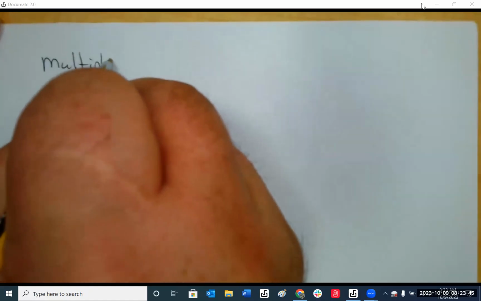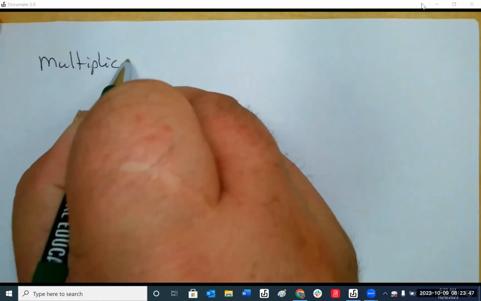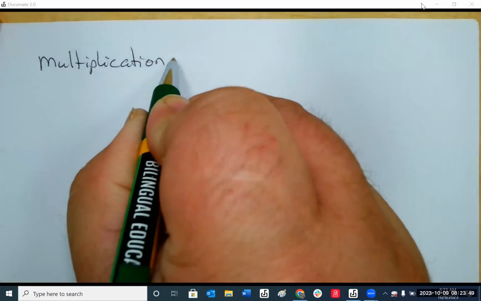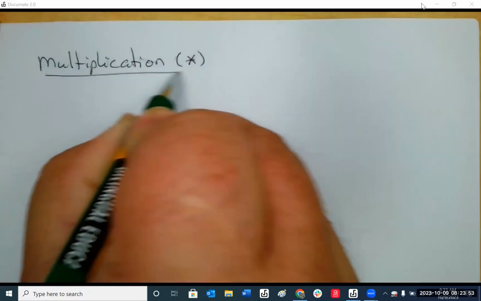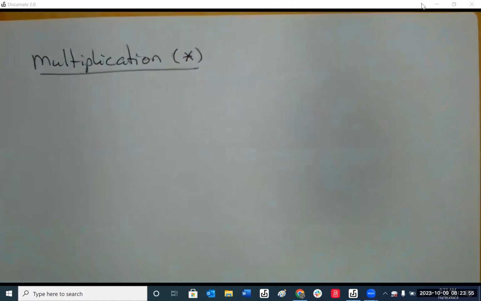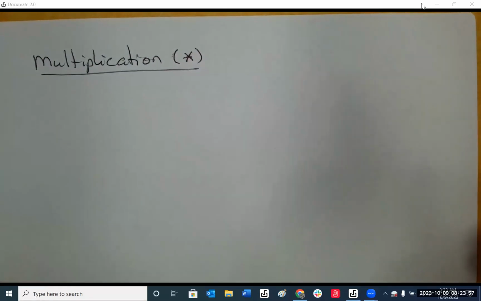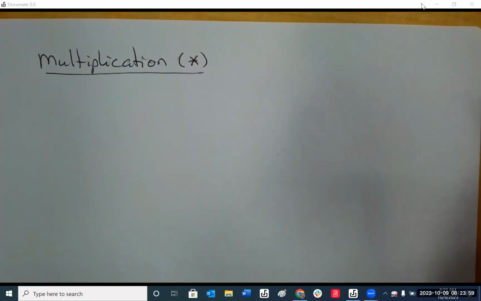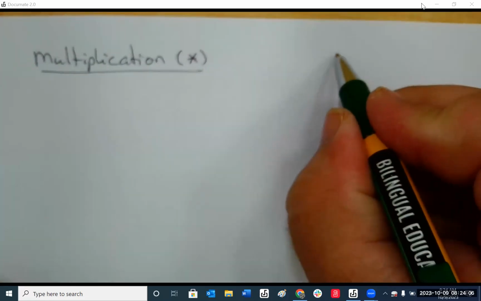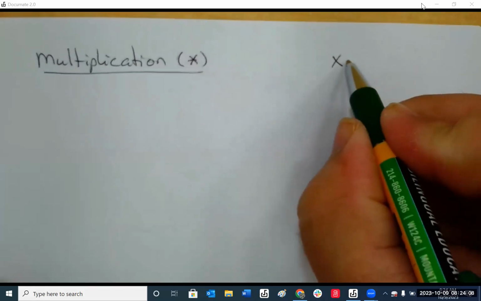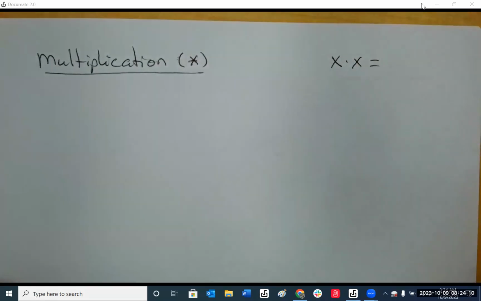All right, so now multiplication. Even though we haven't discussed exponents, the rules of them, like in last chapter, whenever we have x times x, what does that equal?